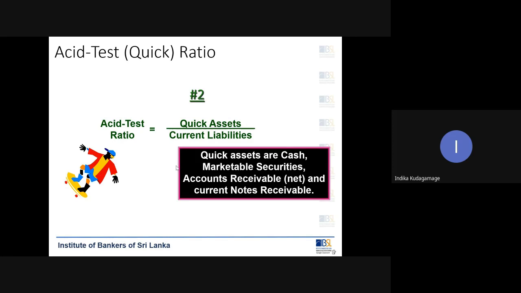So all these things divided by current liabilities is quick ratio. Then we can calculate another ratio called cash ratio. That is cash divided by current liabilities. Cash ratio or cash coverage, right?